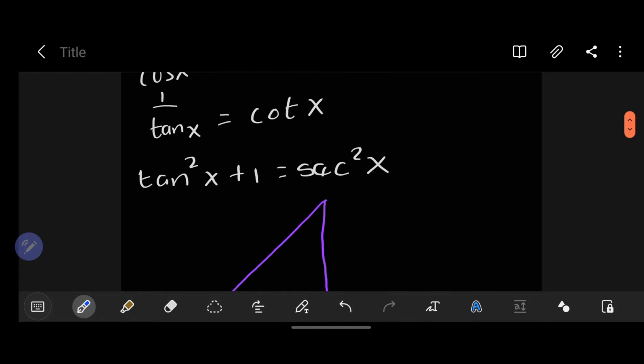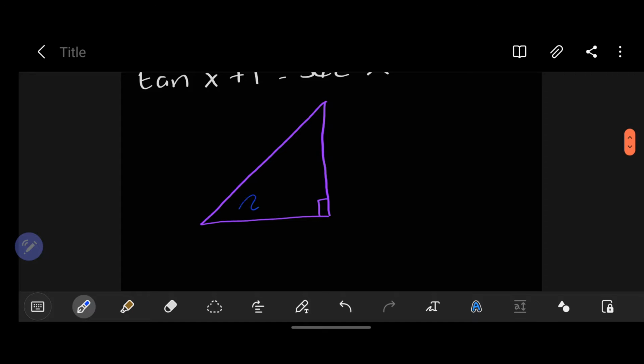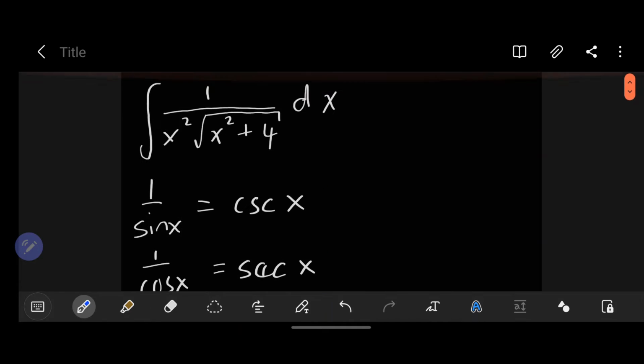So how do we get a tan theta? If this is theta, what we can do is look at what we're given here, which is x squared plus 4.